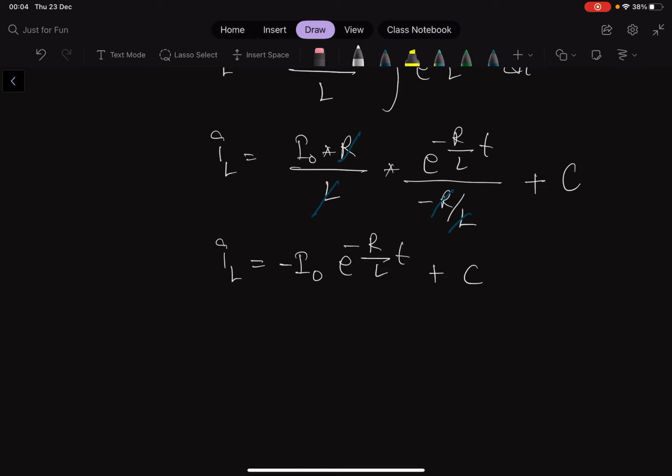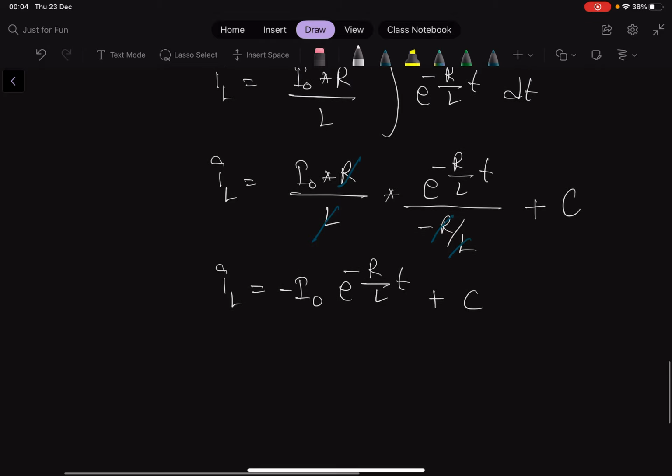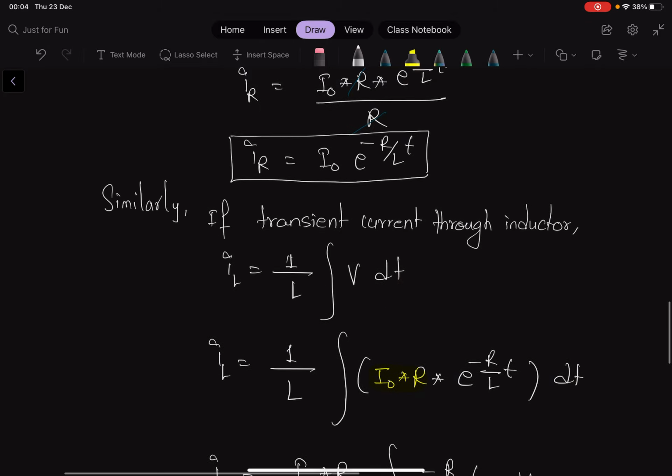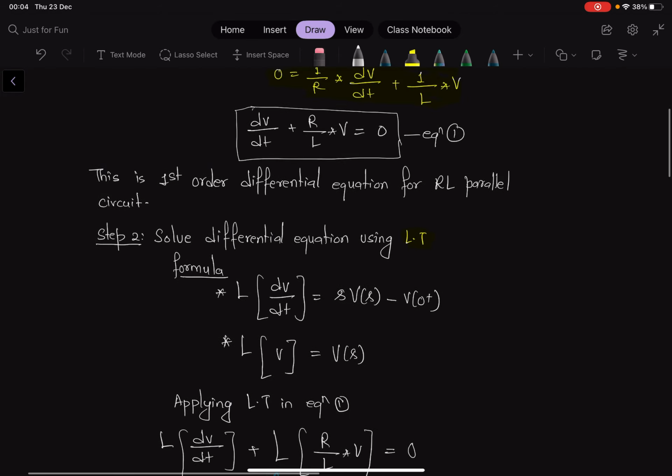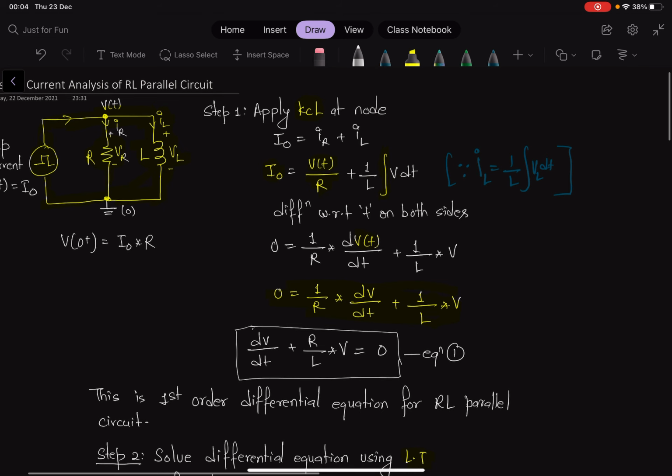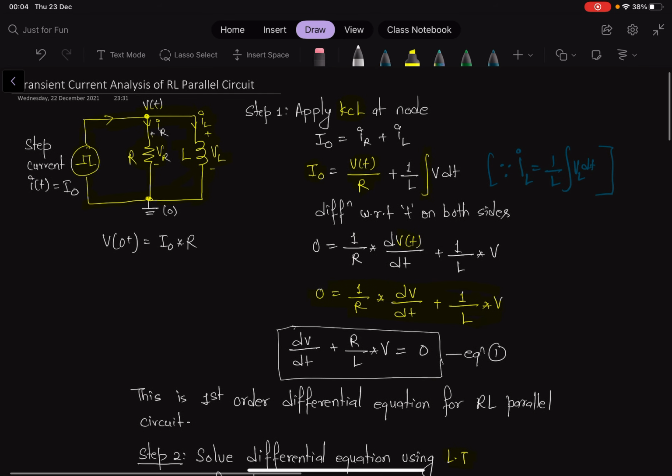Now this C is going to be very important, because it should be determined from the initial condition. So if the initial condition is given to us, which is I(0+) or IL(0+) or 0 minus, then technically we should be able to get our answer. But looking at the formula, I(0+) should be 0.